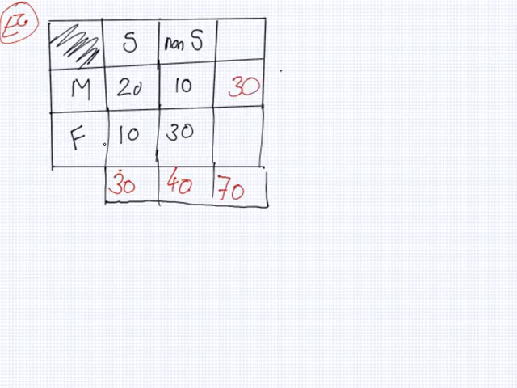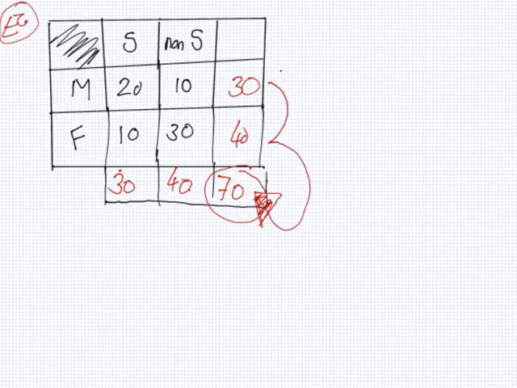And there are 10 women who smoke and 30 women who don't smoke. How many women? 40. Now do you notice that if I add these together, I also get 70? And the reason is, this is the total as smokers plus non-smokers, and the total as men plus women, and of course it should be the same, because everybody is either smoker, non-smoker, or male or female, so it makes sense that the total here and the total here will be the same.